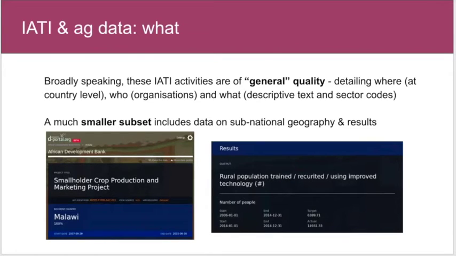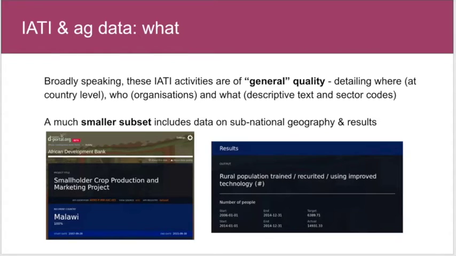So if we understand that there's a wide number of organisations talking about agricultural investments, and a lot of those are using the sector codes to do so. The other thing that we looked at, that I just wanted to draw out from the report, is that broadly speaking, the activities that we can find are of general quality. So they talk about the who, where, when, and what, particularly in terms of those sector codes I mentioned.